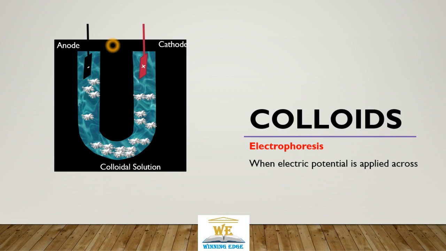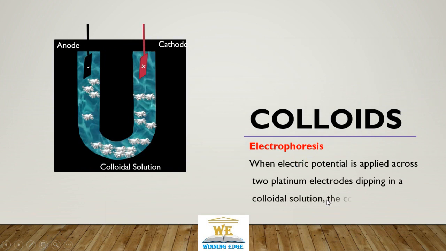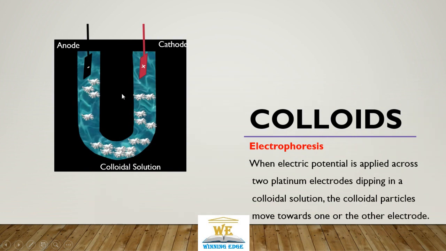Electrophoresis. Let's try to understand the effect of electric potential on colloidal solutions. When we apply electric potential to the colloidal solutions through platinum electrodes, the colloidal particles move toward one or the other electrode depending upon the preferential adsorption on their surface, or what charge they carry.